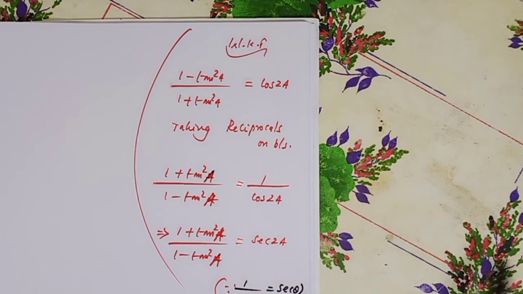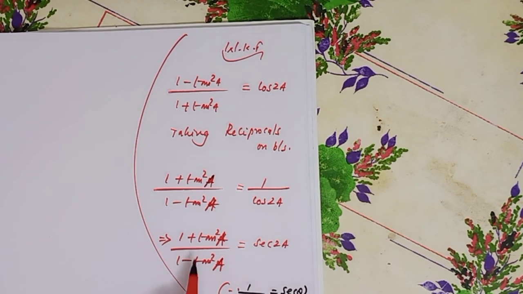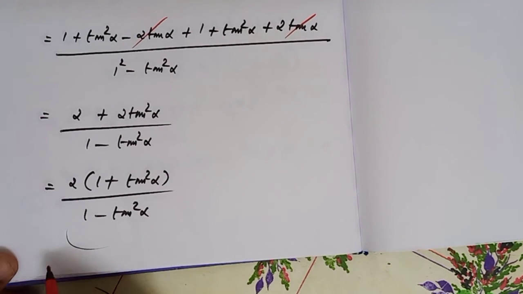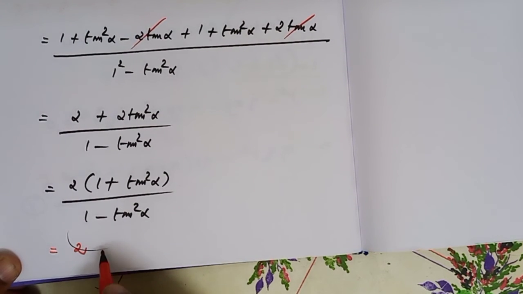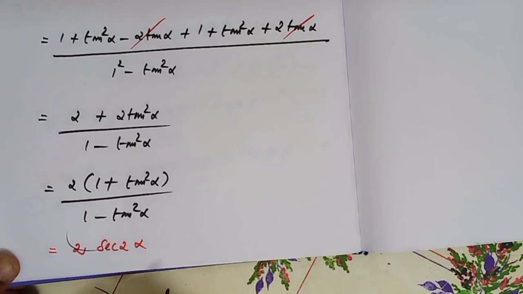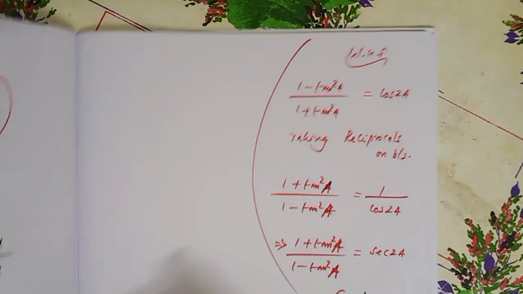So please listen: this is the formula, (1 + tan² a)/(1 − tan² a) equals secant 2a. Instead of a we have alpha, so this can be written as 2 into secant 2α. I have written the reason also here.